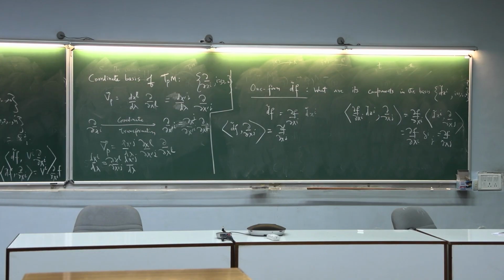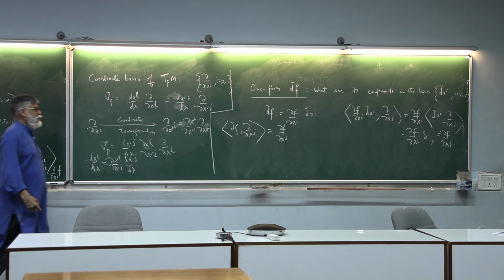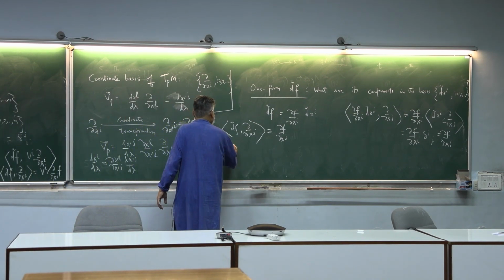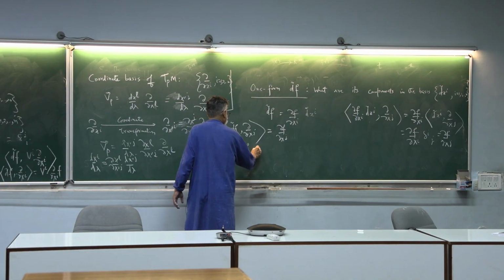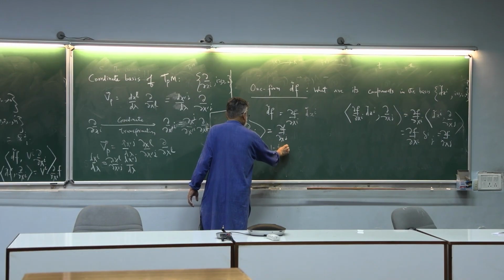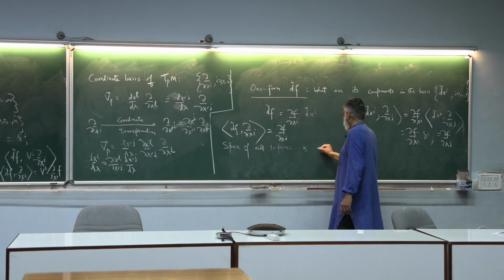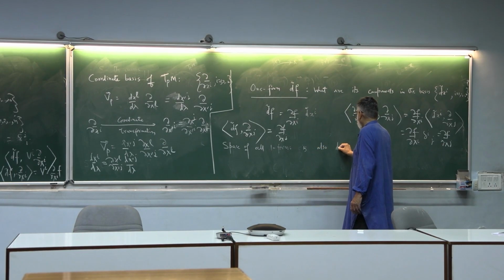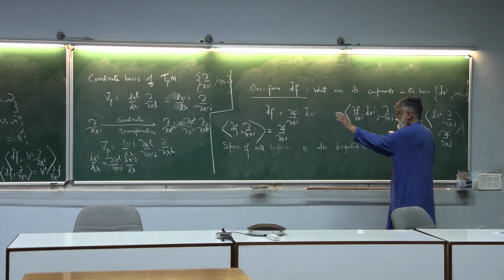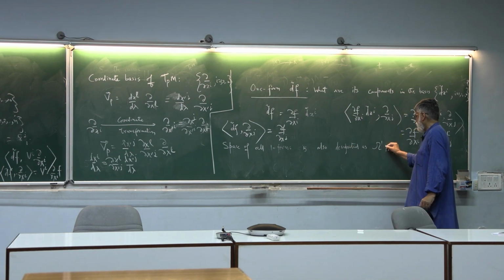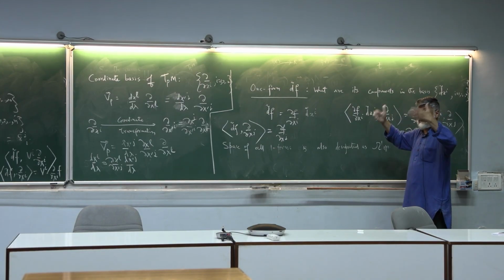But because we are going to talk about higher forms, the space of one forms, which is identical to T star P M, the space of all one forms, is also designated omega 1 at the point P. I will put P here. The reason is that there will be higher forms we will talk about.